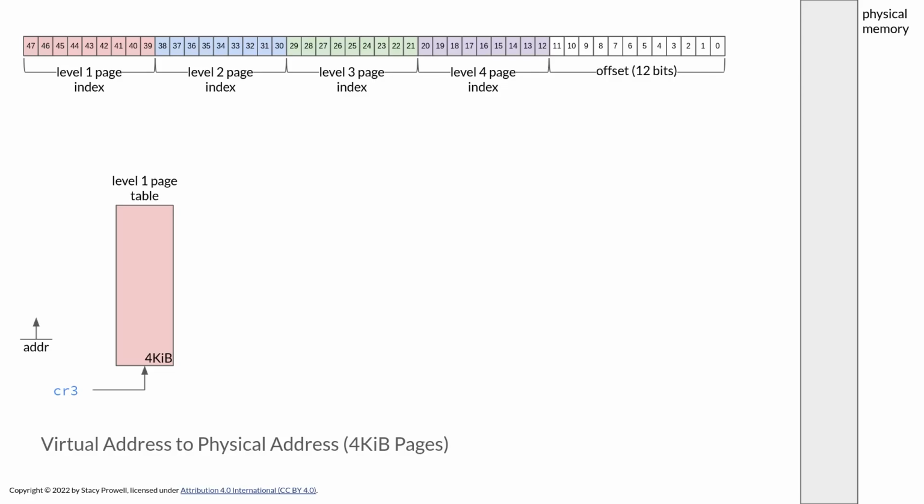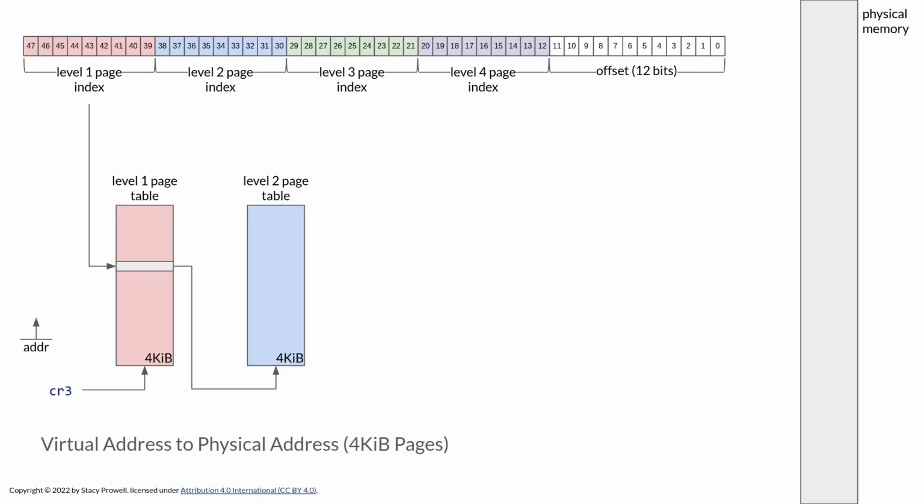So there we go, a point there. Once we have that page, we use the level 1 page index to go and select one of those 512 addresses from that page. And that points to another page table, a level 2 page table.